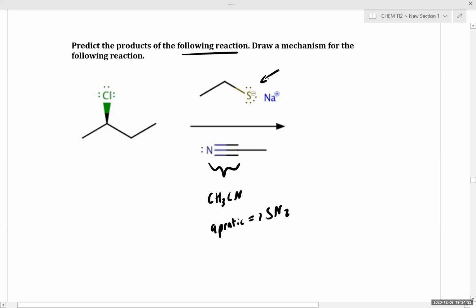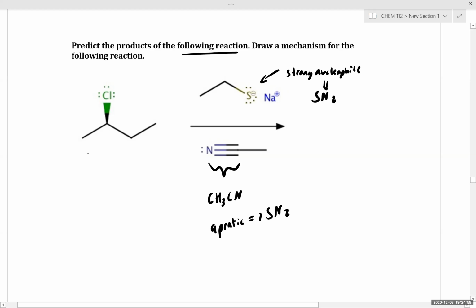Looking at our nucleophile, is this thiol a strong or weak nucleophile? Yes, it's a very strong nucleophile. So that's another point for the SN2 reaction.